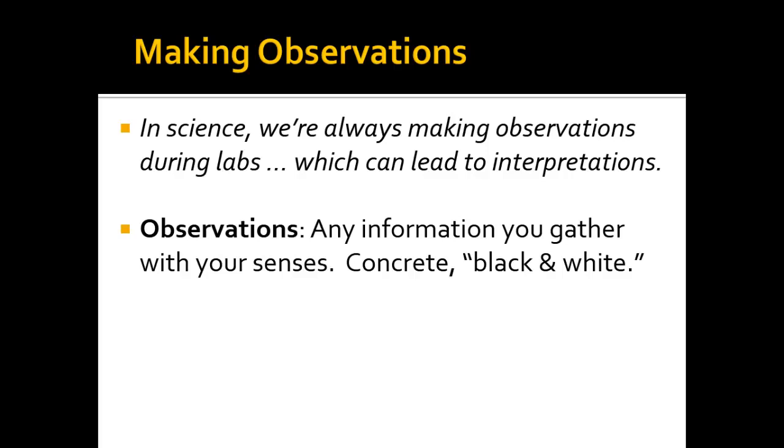In other words, if you look at it and your lab partners look at it, or I were to look at it with you, we would all agree that yes, this object is white, or this object is getting warm, or this object has a mass of 10.00 grams. So the observations that you'll make about things will be fairly straightforward and hard to argue with. You and all of your partners should have basically the same things.